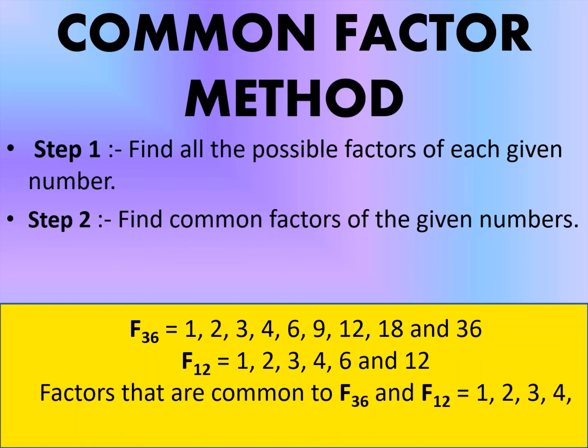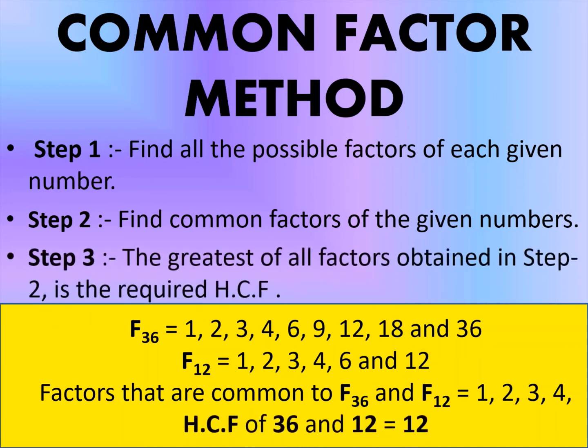Step 2. Find common factors of the given numbers as shown in the example below. Step 3. The greatest of all factors obtained in step 2 is the required HCF.